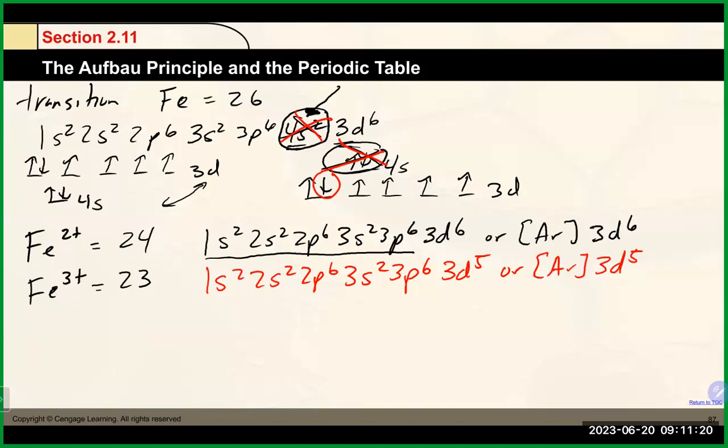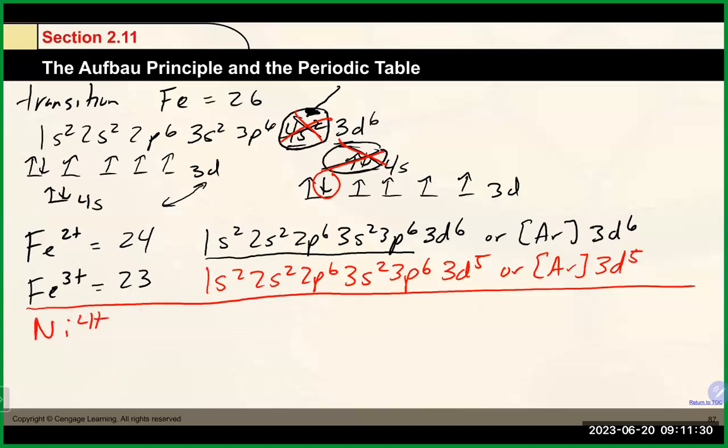All right, so why don't you try some here? Let's do nickel with a +4 charge. And let's do phosphorus with a -3 charge. And let's do strontium with a +2 charge. All right, give the electron configuration.